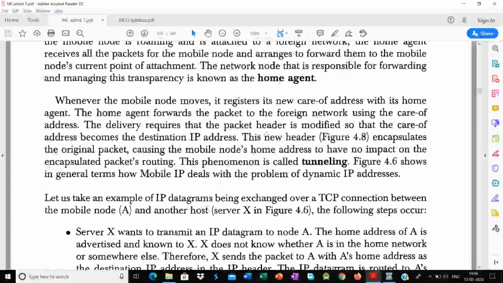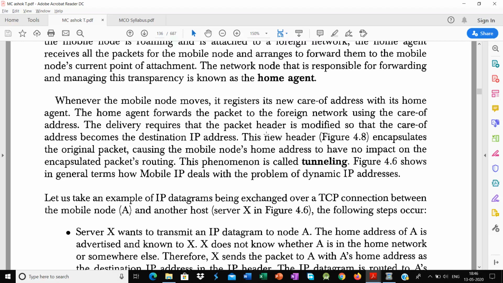Again, the phenomenon is called tunneling, in which IP packets are contained within a modified header, because every time your data is processed through the layers, each and every layer attaches its own address value to the header.